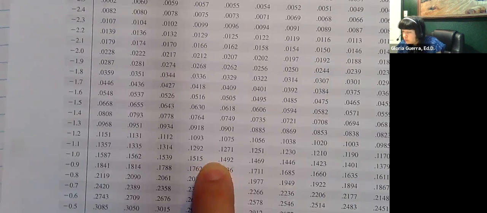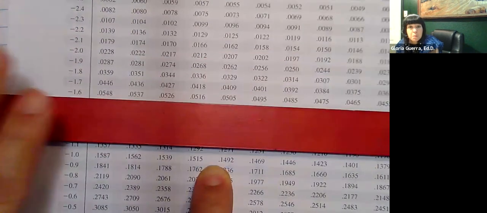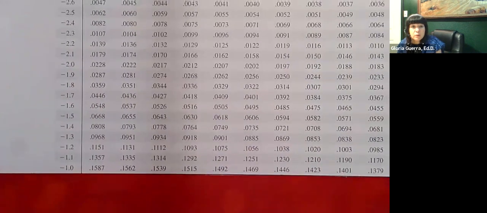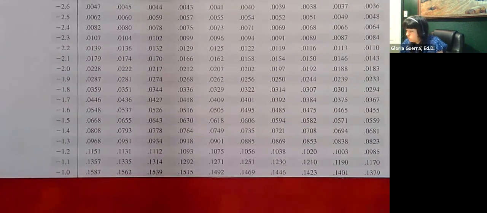Okay, so then where are we at? Right here, negative 1.0. Let me write that down.